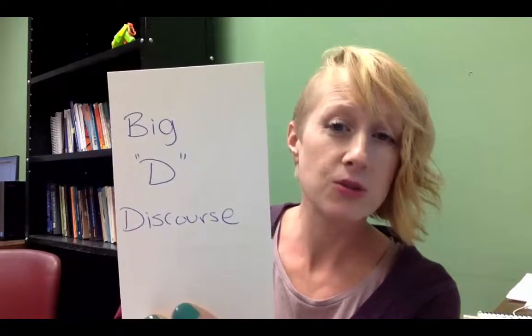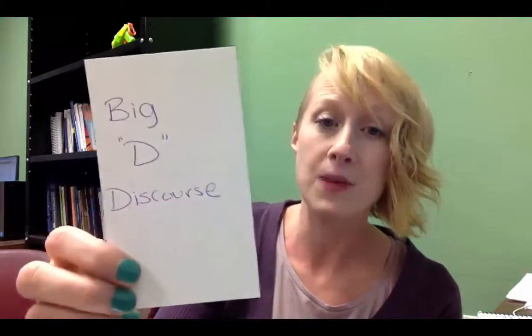In big D discourse, we examine the interactions of these things, and we start to think of these communities as being more than just a grouping of people, and language as more than just the words that are chosen. He says there are more latent meanings behind how we use language within certain contexts, and he calls that big D discourse.